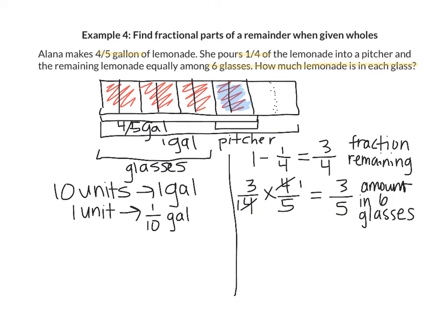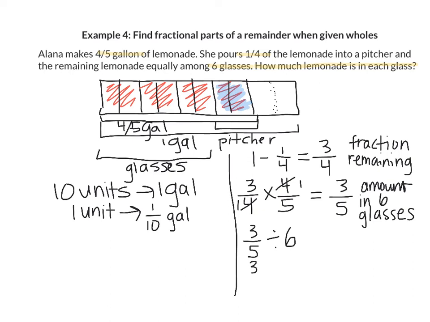Now to figure out the amount of lemonade in 1 glass, we have to take our total amount for the 6 glasses, 3/5, and we're going to divide that by 6. Now remember, when we're dividing a fraction by a whole number, we have to find the reciprocal of the second number, which is flipping it around.